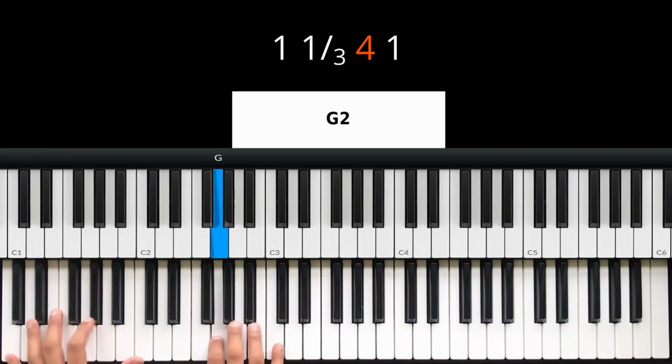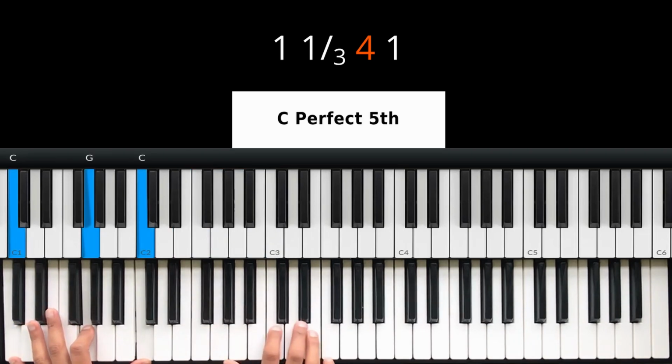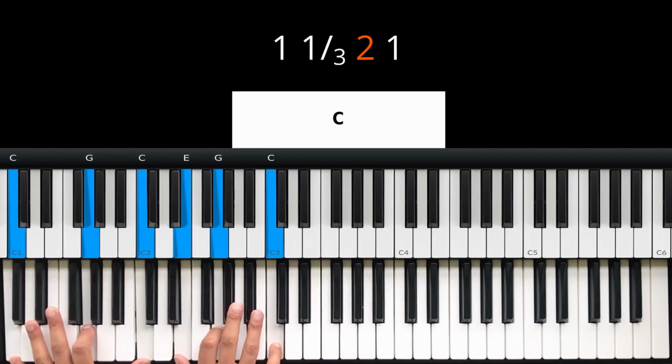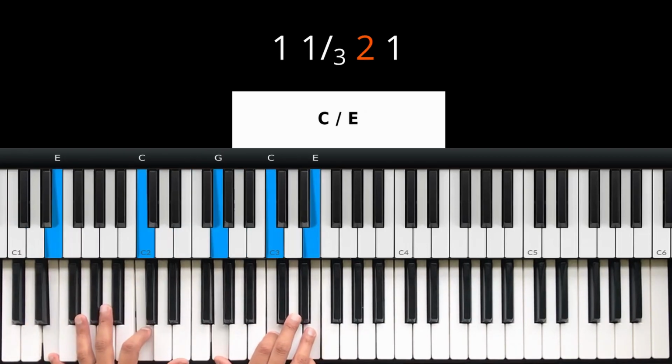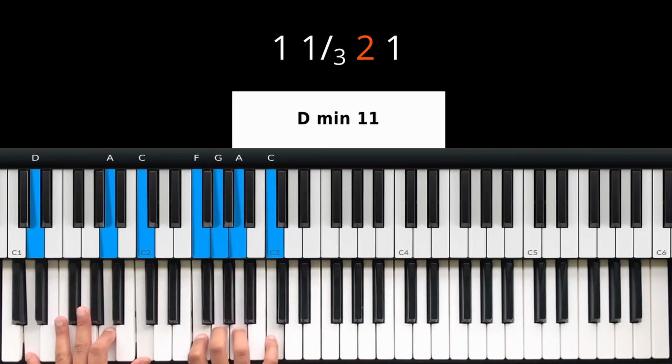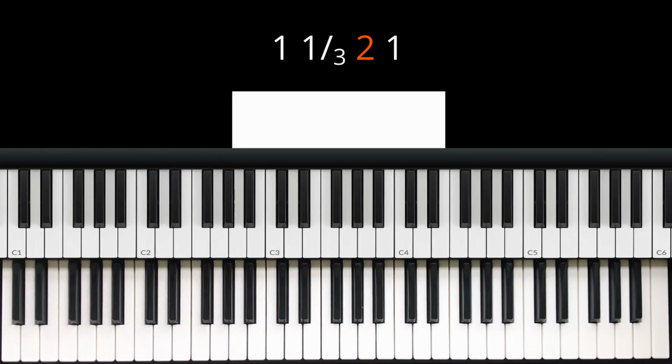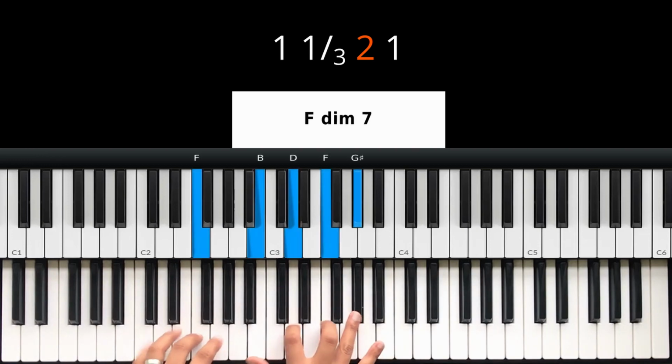So instead of doing that, if you go, okay, it sounds a little bit different. Okay, so that's the idea. That's what we're doing here.